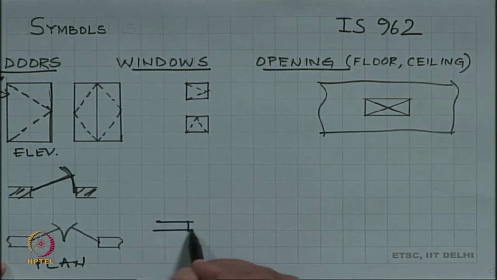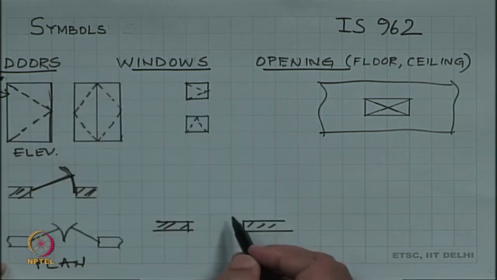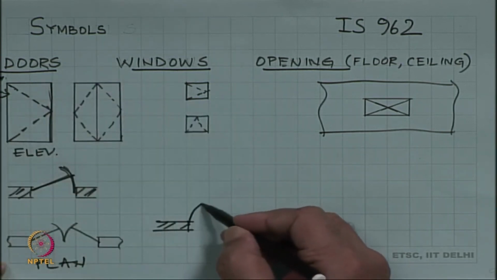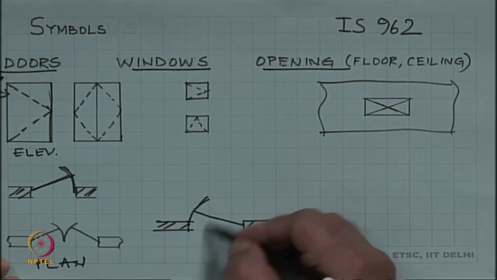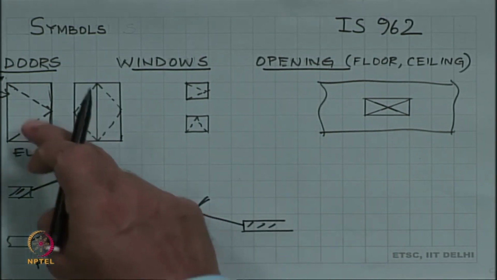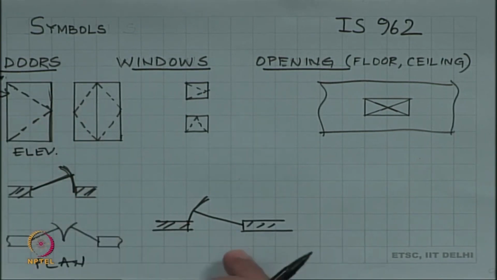So, this is the wall, this door is opening that way. So, the line should be shown that way. So, that is a door swinging that side. So, this is a depiction in the elevation, this is the depiction in the plan.